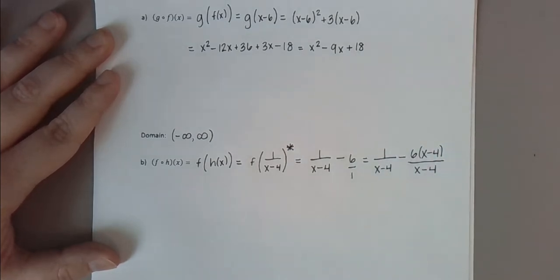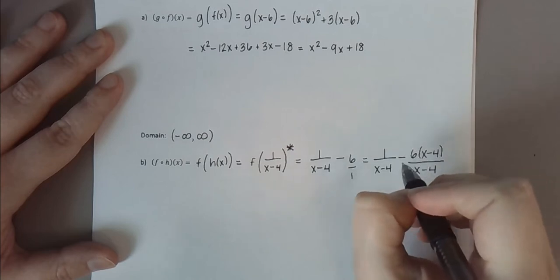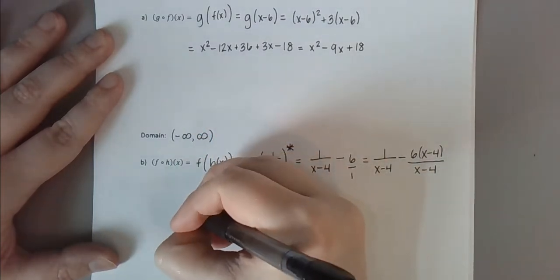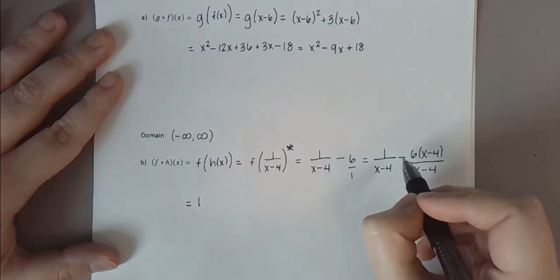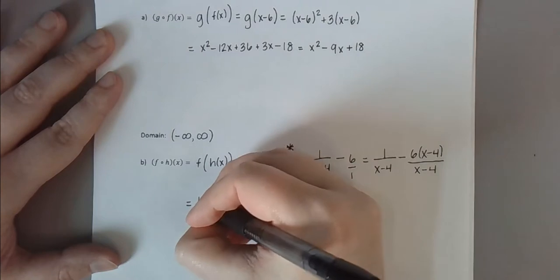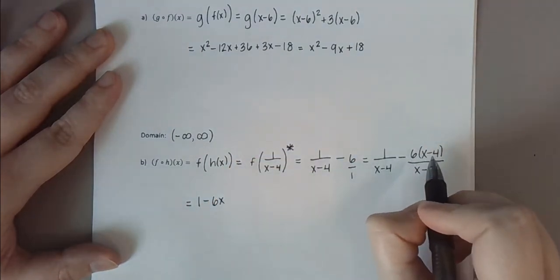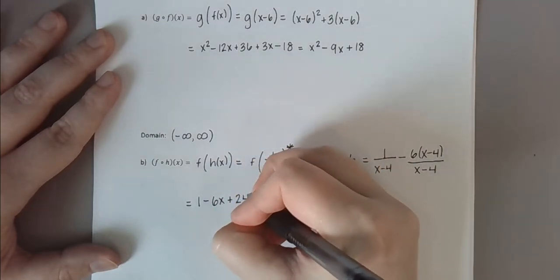Okay, let's do a couple of steps in one. We need to combine the two numerators, but we also need to distribute the 6, or in this case, maybe distribute a negative 6 instead, so that it takes care of the signs. So 1 minus 6x, and then negative 6 times negative 4, watch your signs here, that's going to be positive 24.